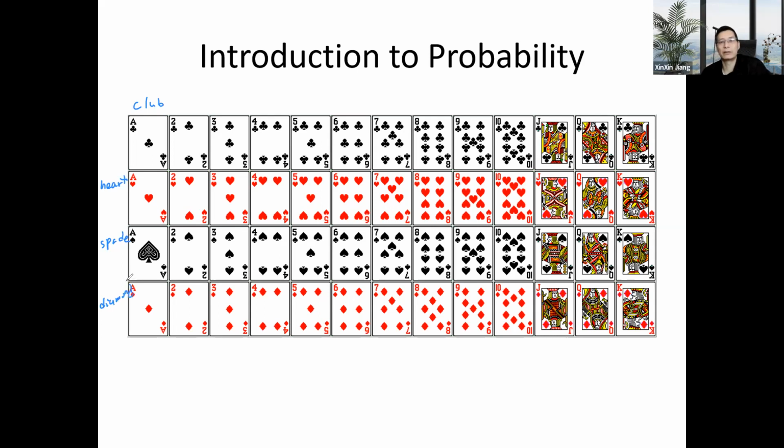Each suit has 13 cards, from 1 to 10, and then you have the face cards. So these are face cards, and these are face cards. These are the red cards, and these are the black cards.